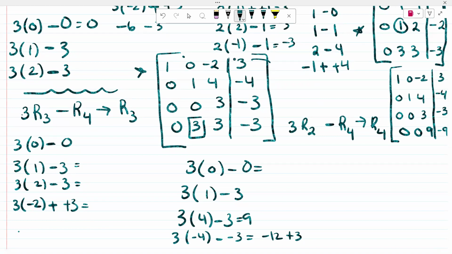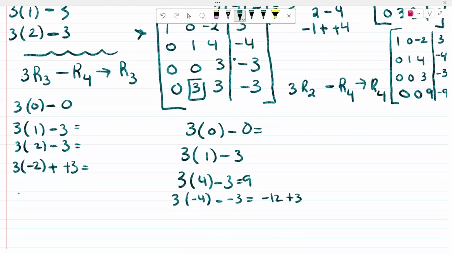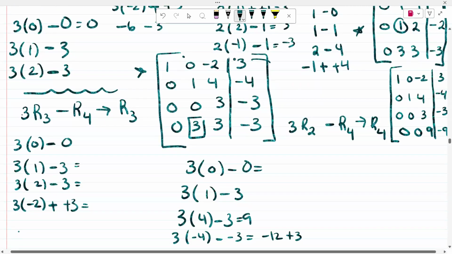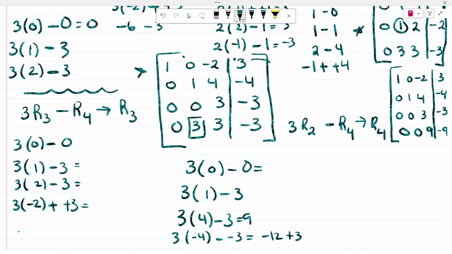And now what I have to do is make row 2 a 0.